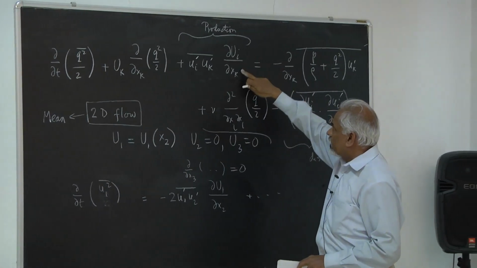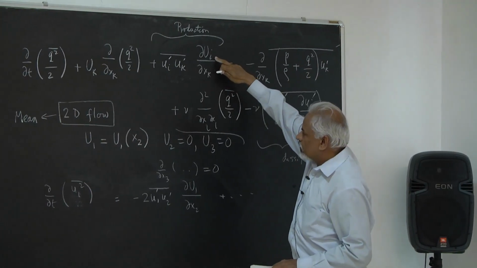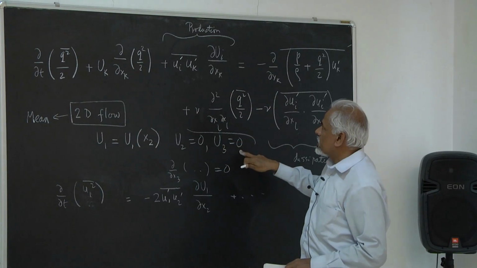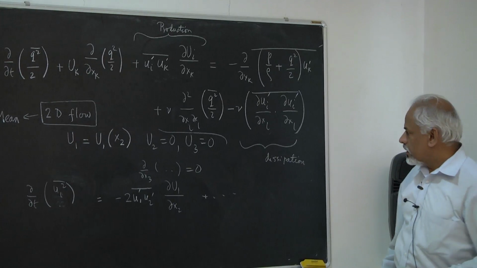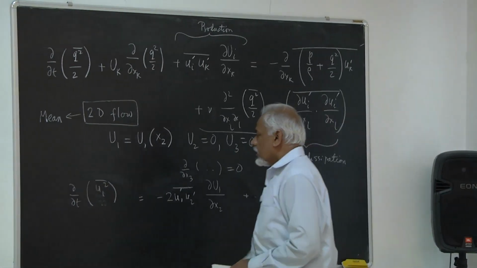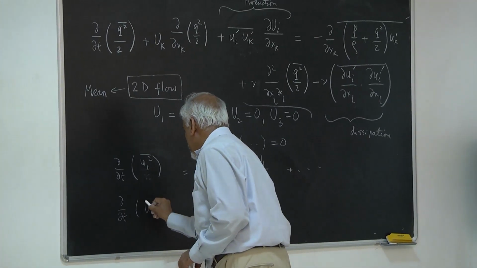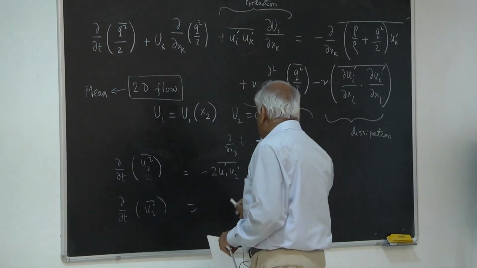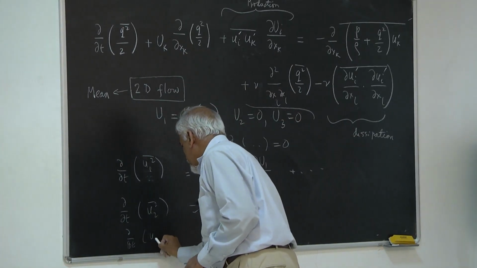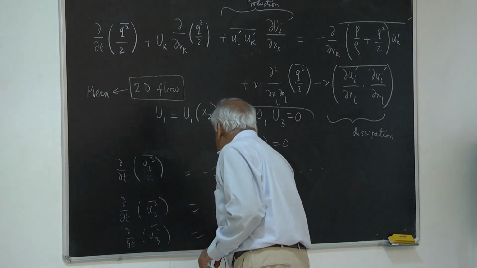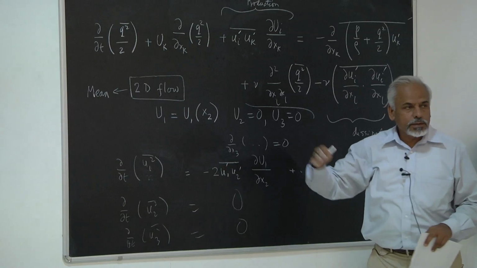Every other gradient of velocity is 0 because I can't have a u2 or a u3, because u2 and u3 are set to 0, and I can't have d by dx3 because I've said it's two-dimensional. Now, if I write the equation for d by dt of u2 squared, this corresponding term will be 0. And similarly, d by dt of u3 squared will also be 0 because there are no gradients in u2, u3, etc.